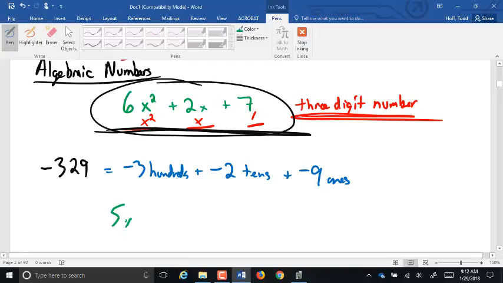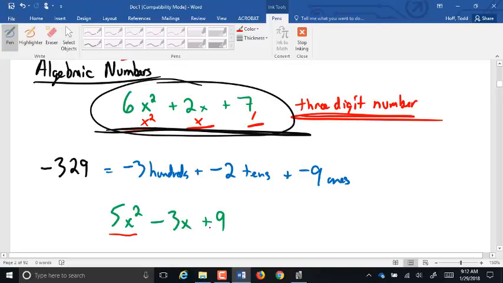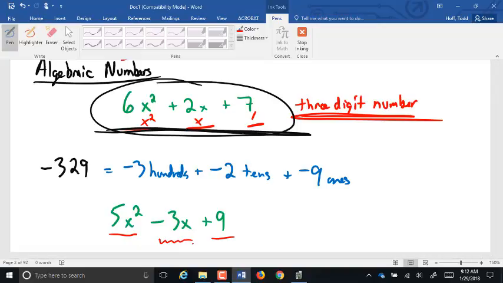I can have 5x squared minus 3x plus 9, where you can see here, the 5x squared and the 9 ones are both positive. The 3x is negative. It's negative 3x. So it's possible to have single digits positive or negative on their own in the algebraic numbers.